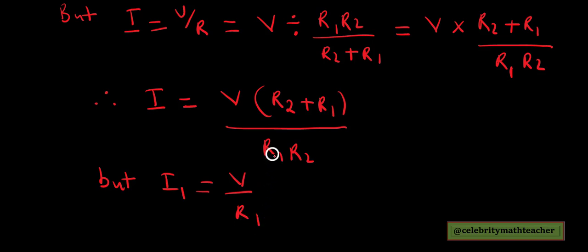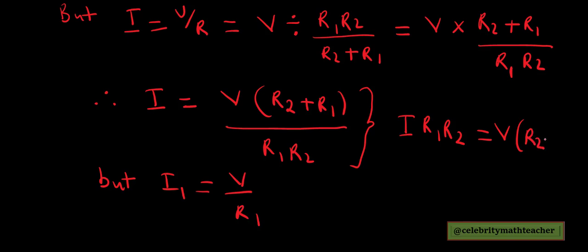Now, if you look at this closely, you can see that I can make V subject of formula from this and put it in here. By cross multiplying to clear fractions, I have I multiplied by R1 R2 equals V open bracket R2 plus R1 close bracket.